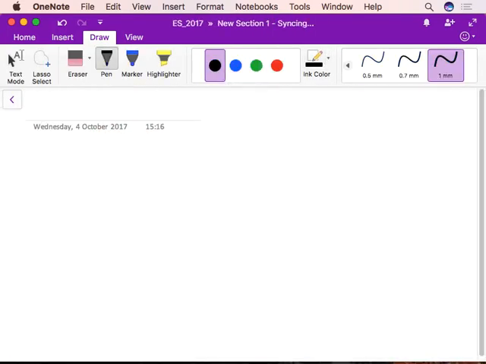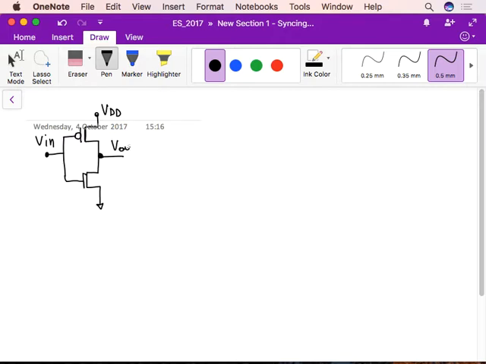So, for the moment, look at this definition and let us consider the inverter again. This is the inverter, this is V in, and this is V out. Let's assume that V in is equal to 0, and then V out is equal to VDD.